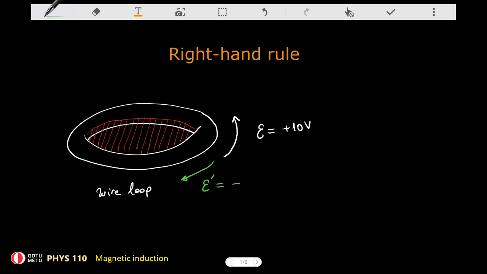This time it is minus 10 volts. It's just like the current. Along this direction it is positive 10 volts. Along the opposite direction, it is the same thing as negative 10 volts. So we are going to accept that the EMF can be negative.